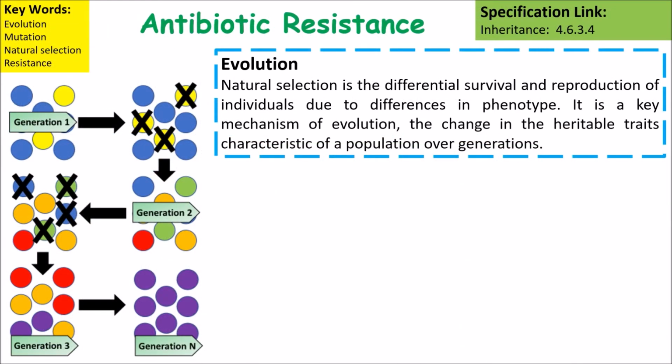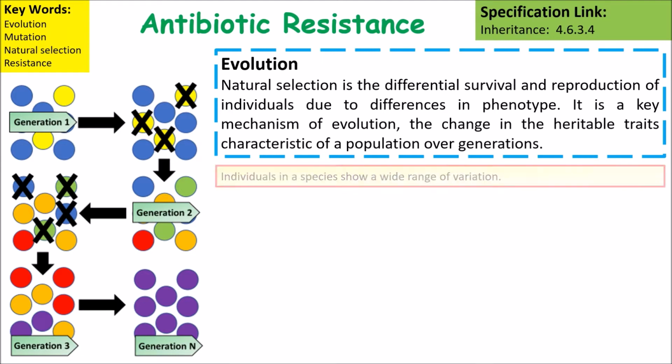Natural selection is the differential survival and reproduction of individuals due to differences in phenotype. It is the key mechanism of evolution and the change in heritable traits, the characteristics of populations, over a series of generations. The way this happens is that within a species there is a wide range of variation.